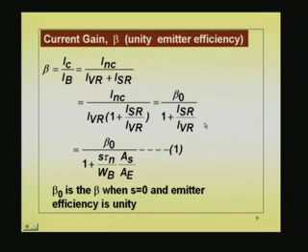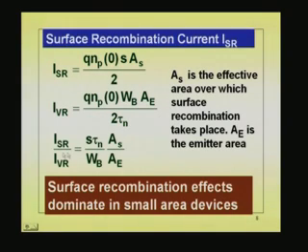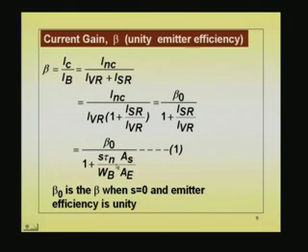Now, you can see the beta can get affected if the surface recombination current becomes large compared to IVR, and that ratio we have just now estimated as S tau by W into AS by AE, just previous slide. ISR by IVR is that quantity. I just put that term here, S tau by WB into AS by AE.